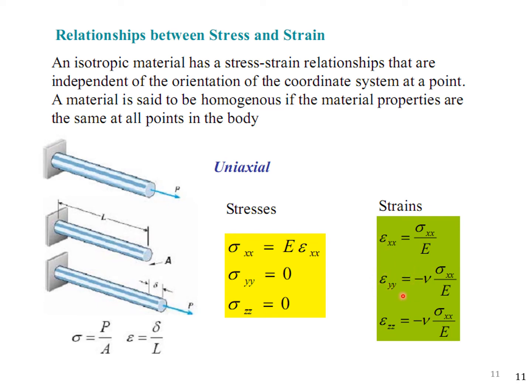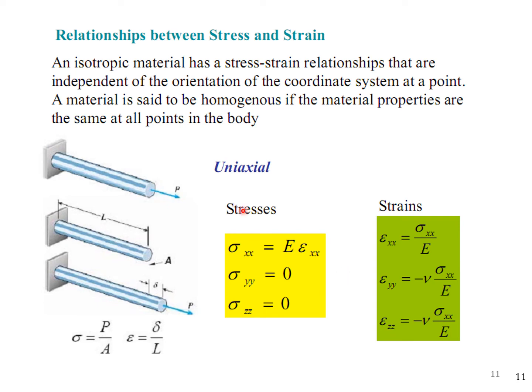So epsilon yy will be equal to negative of Poisson's ratio times epsilon xx, and similarly epsilon zz will be equal to negative Poisson's ratio times epsilon xx.